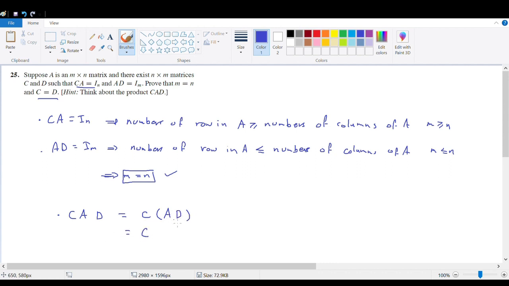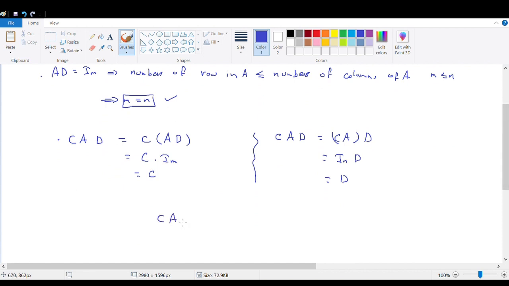So we know that AD is equal to Im, so C multiplied by Im will give us C. Similarly, on the other hand, CAD is equal to, if we take CA together, (CA) and D, so CA is In, then we have D, so this one is equal to D. So from here we see that CAD is equal to C and equal to D. Thus C should be equal to D.